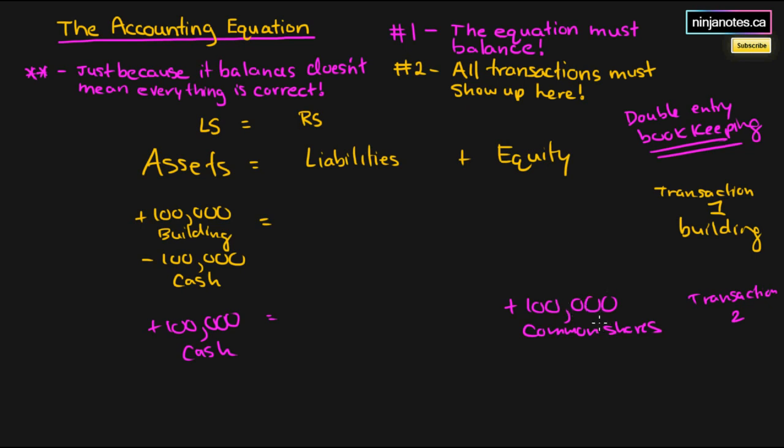And that's because the ownership is being given up in our company, and we are actually just showing that the common shares are just a stake in our company for this $100,000. So this isn't really an asset for us. It just shows that the equity or the ownership in our company has increased.